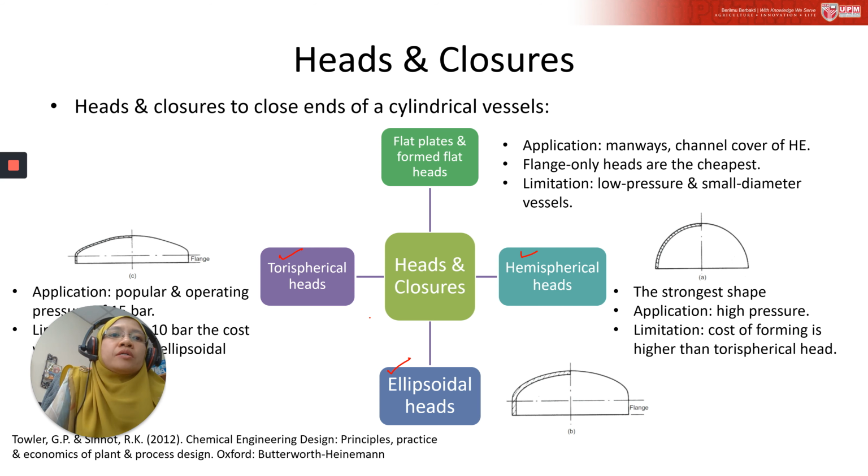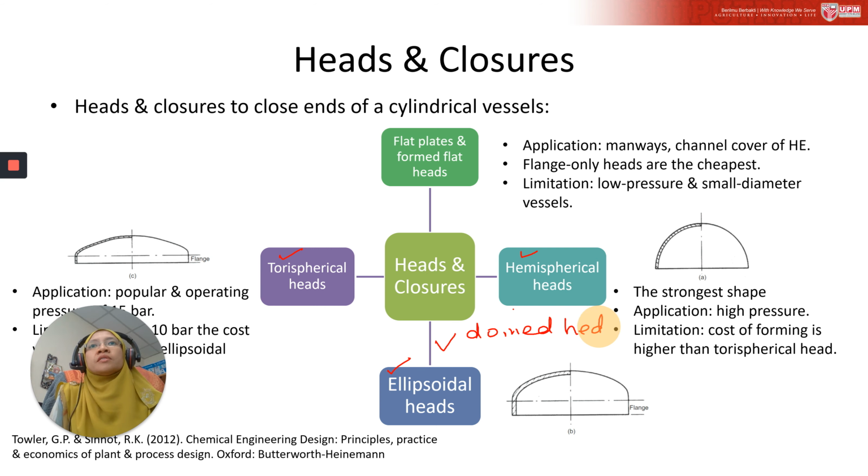Generally, the fabrication of all these heads and closures is either by pressing or spinning, and large diameters are fabricated from formed sections, so there is some part with a welded joint area.